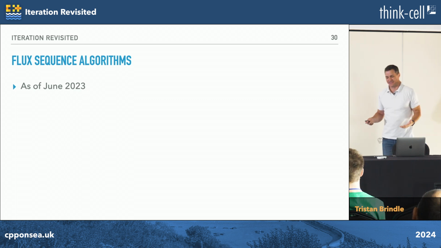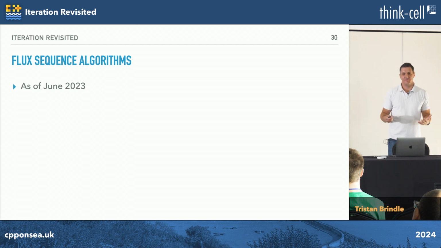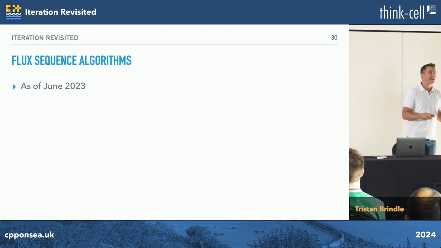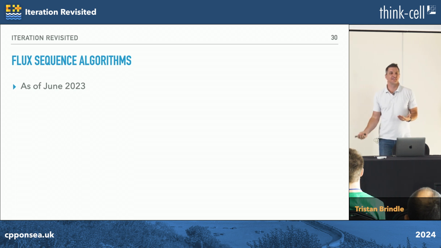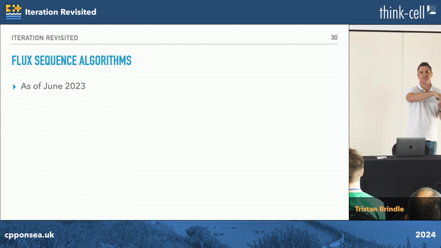This is because I want to make something that is reasonably familiar to C++ programmers, but also because it allows pretty much almost mechanical translation from algorithms that use iterators to algorithms using the Flux primitives instead.